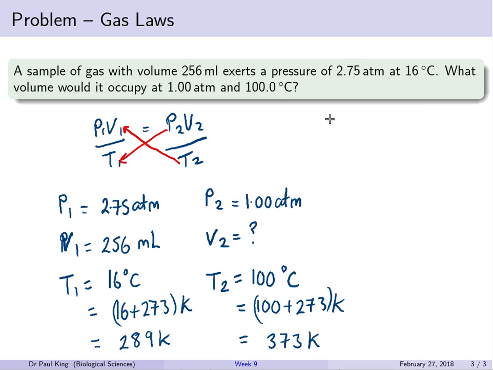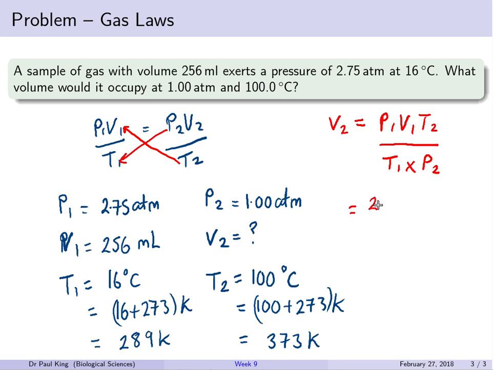That's going to leave us with V2 by itself being equal to P1 times V1 times T2 divided by T1 times P2. So we know all our conditions. We now have an equation that we can use. We then have to plug in all the numbers.